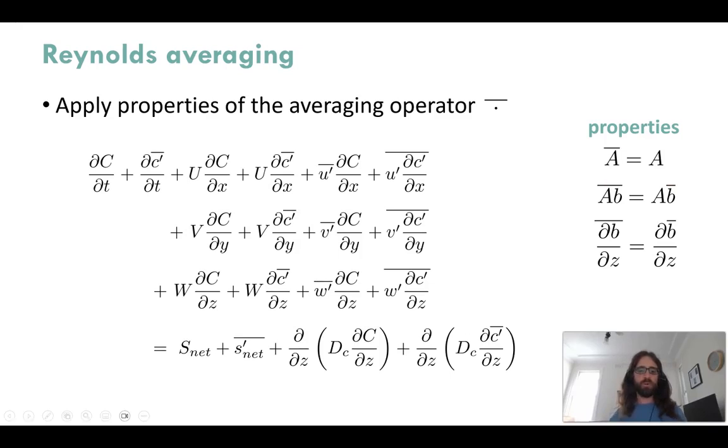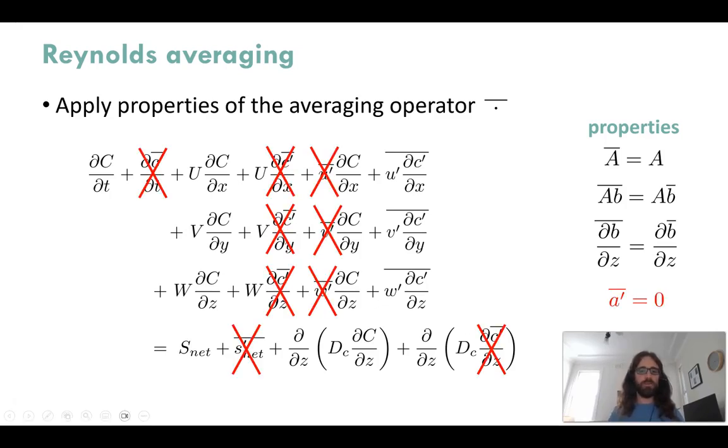So moving forward one step, most of the averages are now only over the fluctuating components, and the mean components no longer have an averaging operator due to the first rule we've established. Now, what we can do is say that any term that is the average of a fluctuation on its own is equal to 0. So all of these terms that are the average of a fluctuating component can be eliminated.